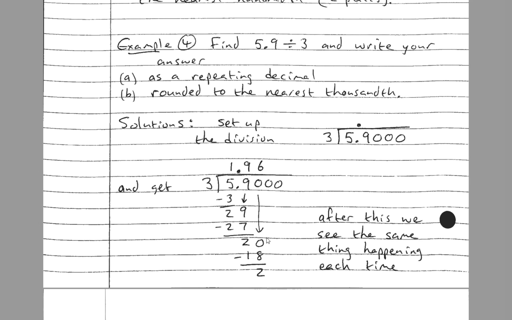And now, since we're bringing down another 0, this is exactly the same situation we just had. So if you bring down another 0, 3 goes into 20 6 times. That's 18. So you can see it's just going to keep doing that forever, since we're always bringing down the same 0, and we're always leaving a 2 behind.